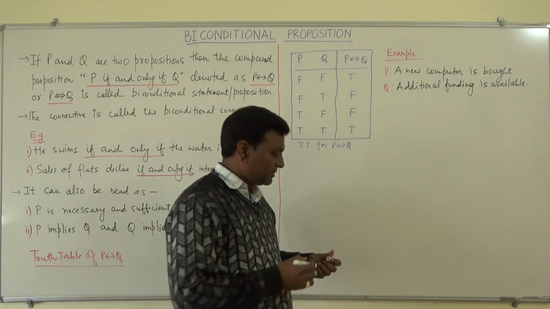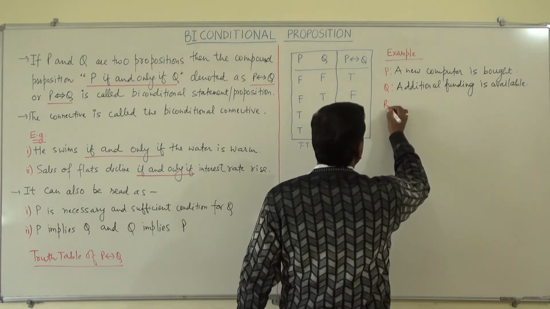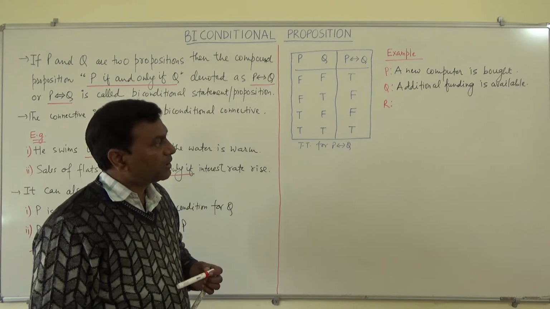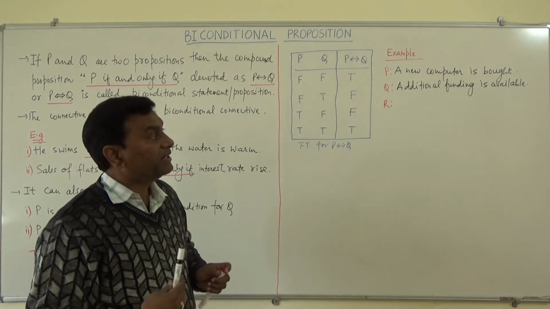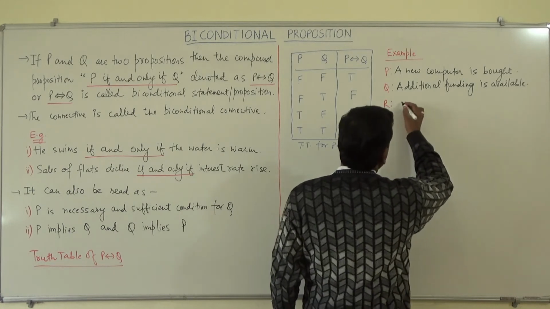Now the proposition R is: a new computer is bought if and only if additional funding is available. So this is true here.